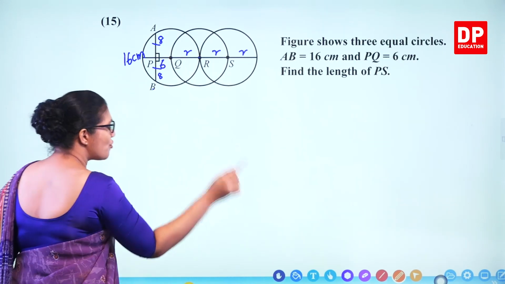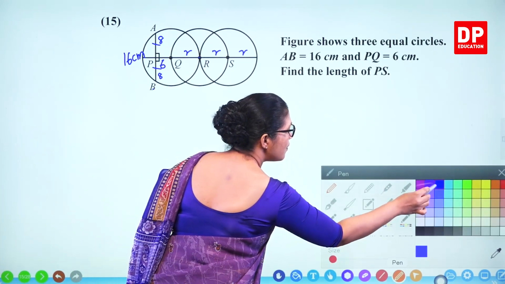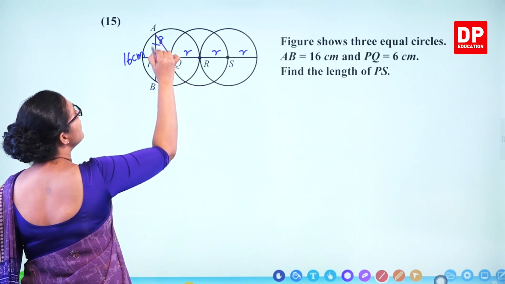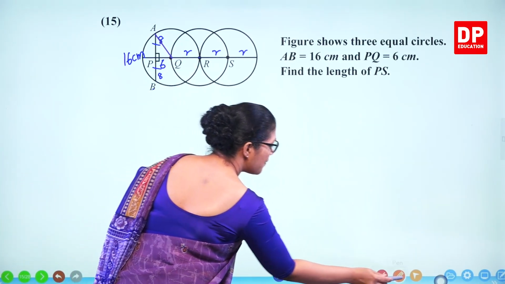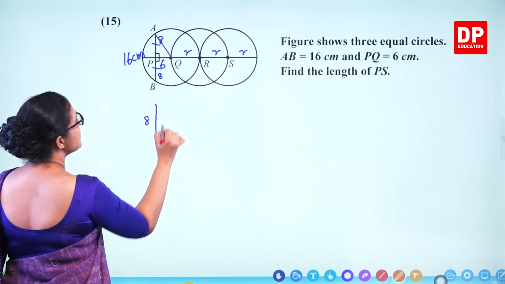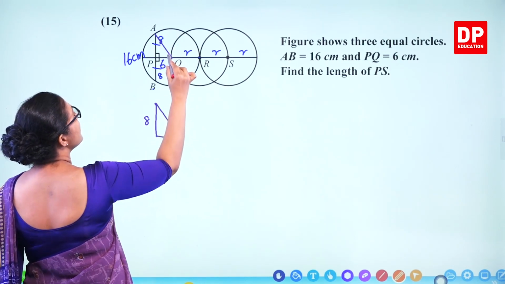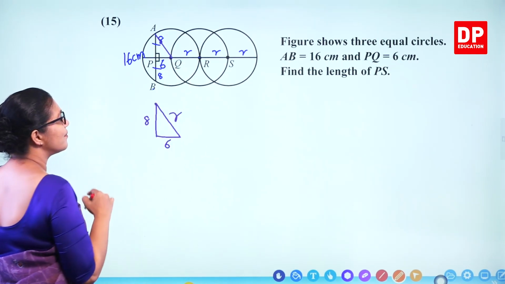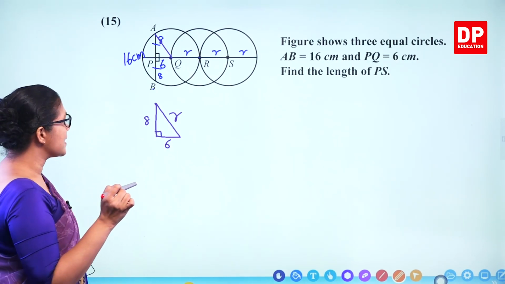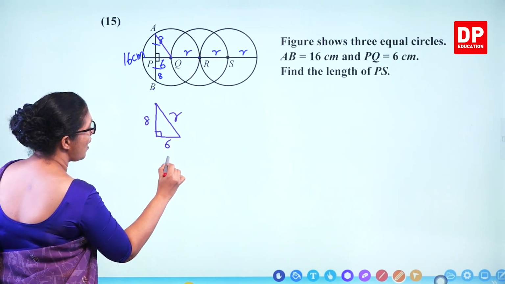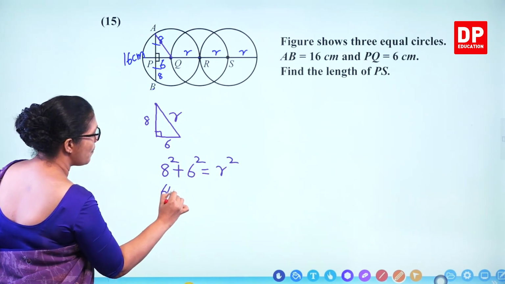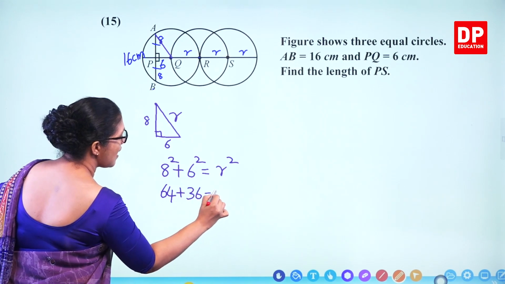And when you draw the triangle, this one, this side is 8 and this side is 6. So you can find out the radius. That's R. You can use Pythagoras theorem to find the radius. So 8 squared plus 6 squared is R squared. 64 plus 36 is R squared.